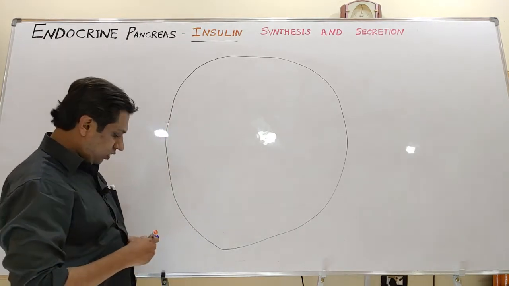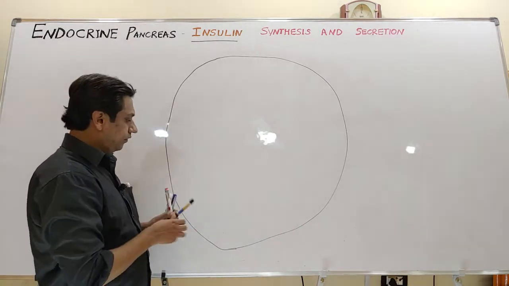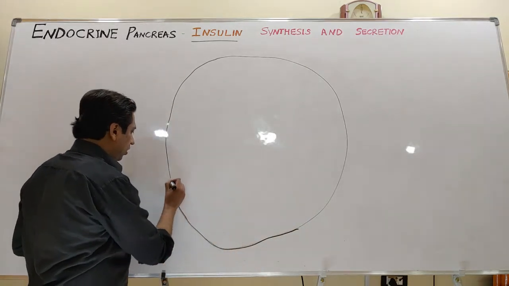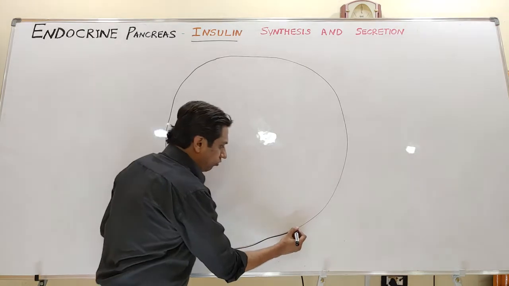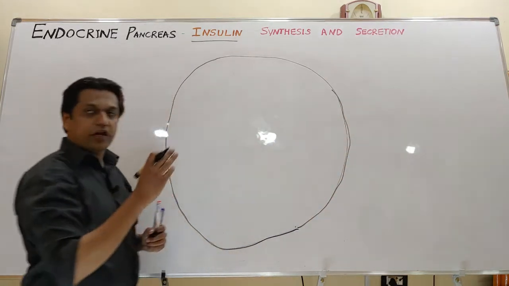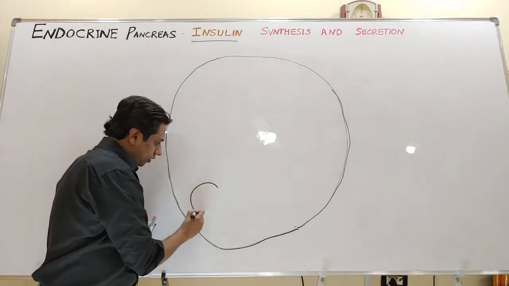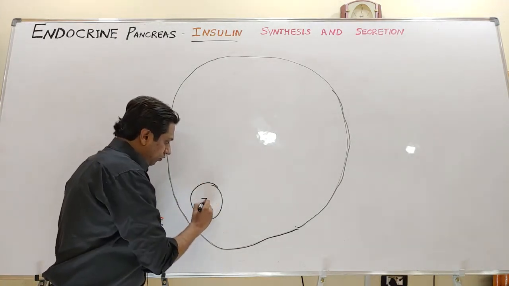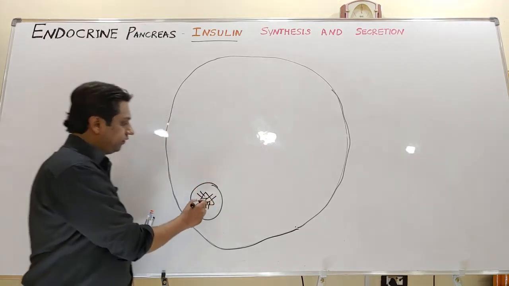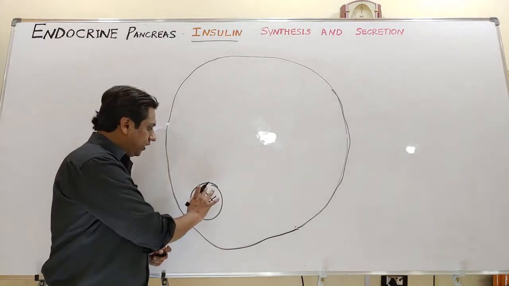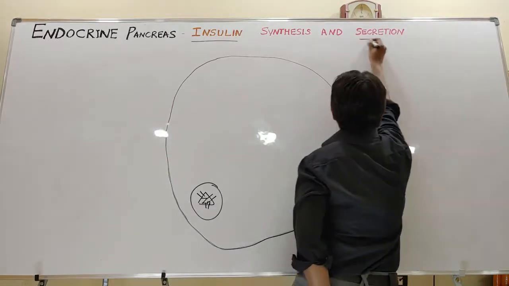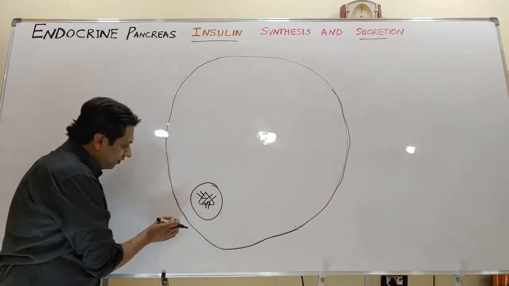In the last lecture, part 1 of the endocrine pancreas, we discussed that the insulin molecule is associated with zinc as a hexamer. One zinc molecule is attached to 6 insulin molecules, and it is stored in the granules. Now we are going to study in this secretion part how exactly this insulin is released.